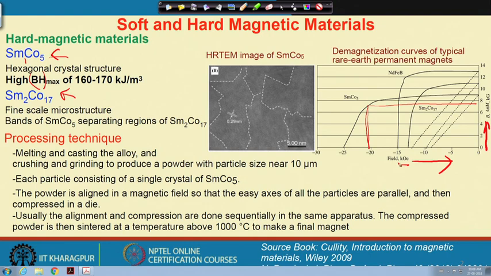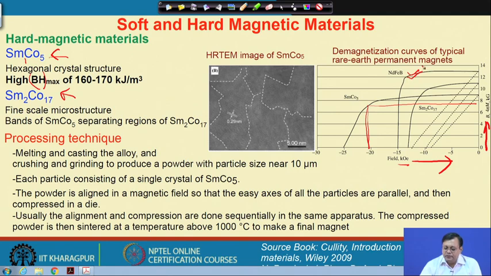If you kindly have a look, this is the typical representative demagnetization curve of neodymium iron boron, whereas the lower coercivity one is 2:17, and the 1:5 samarium cobalt has almost the highest one.